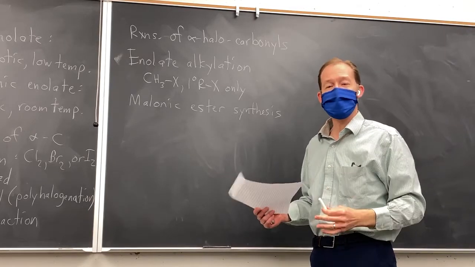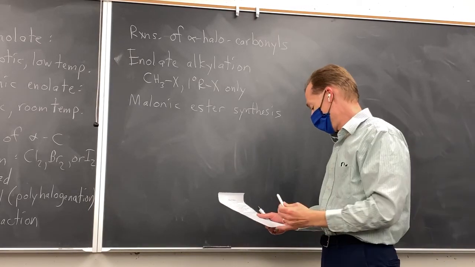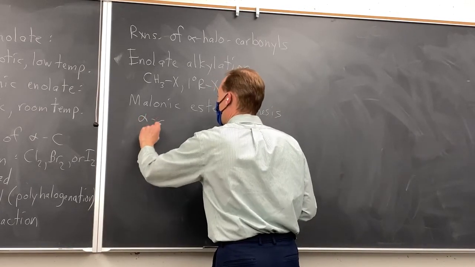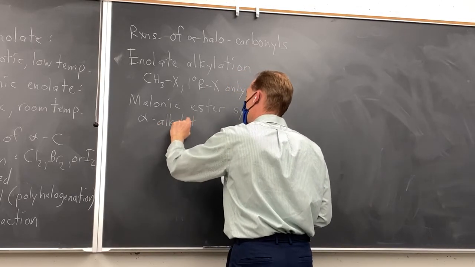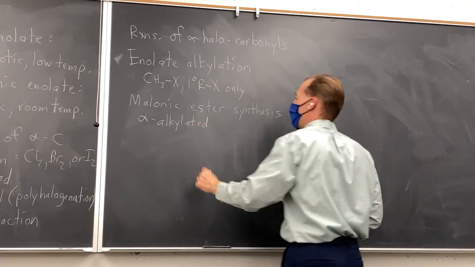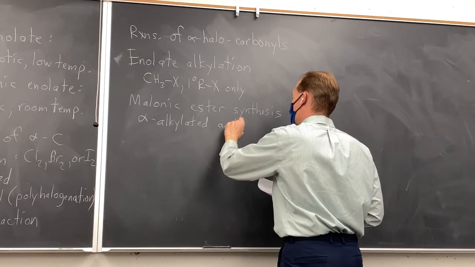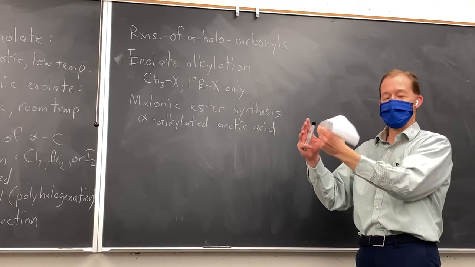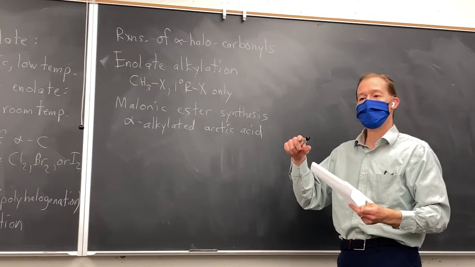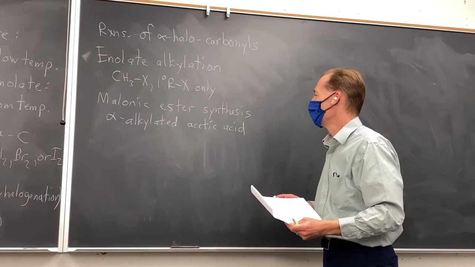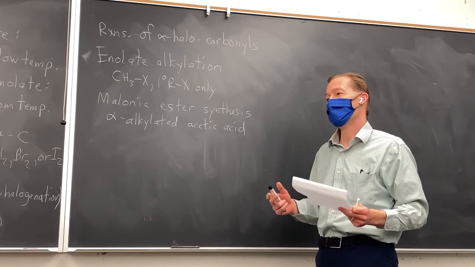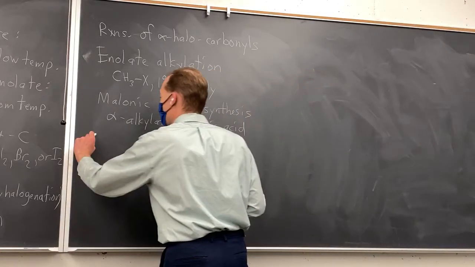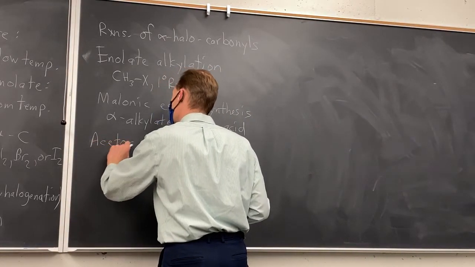In the malonic ester synthesis, we end up with alpha alkylated acetic acid derivatives. So when it's all said and done, you have the elements of acetic acid, and then you have either one or two alkyl groups attached to that alpha carbon, depending on whether you performed one alkylation or two alkylations. And then we had the acetoacetic ester synthesis.